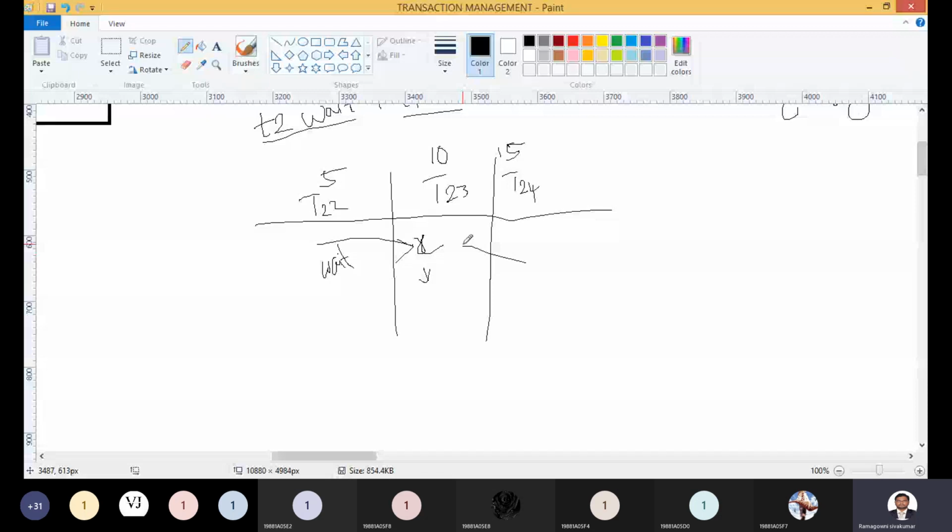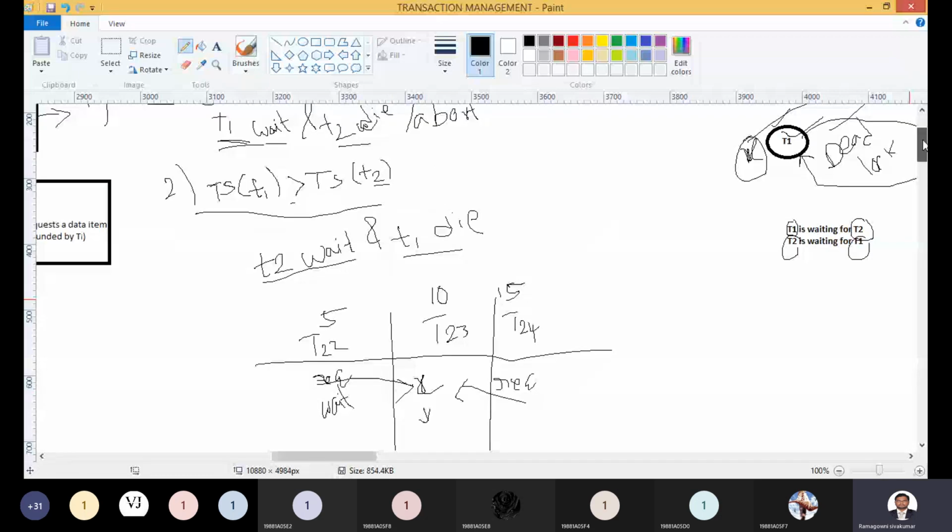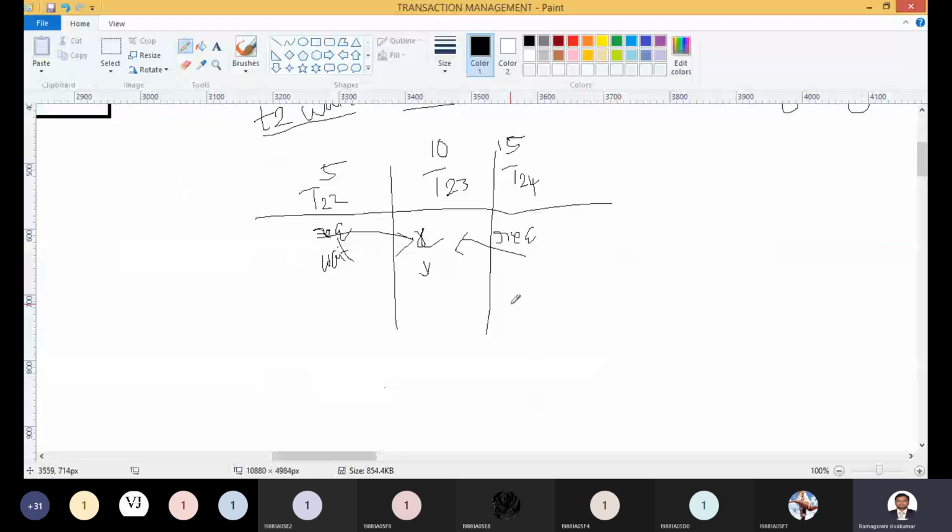Based on this condition, if the timestamp of T1 is less than the timestamp of T2, then T1 is in the waiting state and T2 is going to die. And in the second condition, if the timestamp of T1 is greater than that of T2, then T2 is in the waiting state and T1 is going to die. That's what I am explaining here. Suppose we have transactions T22, T23, and T24 with timestamps 5, 10, and 15 respectively.